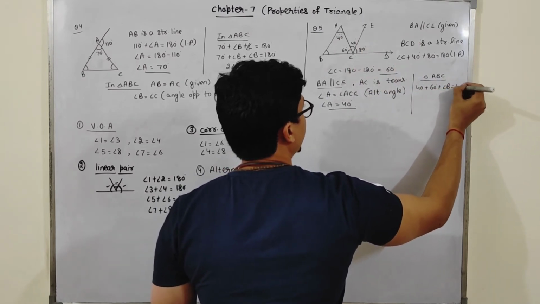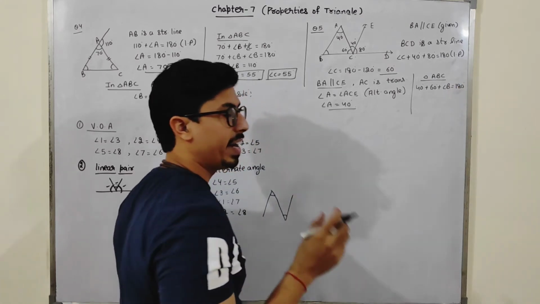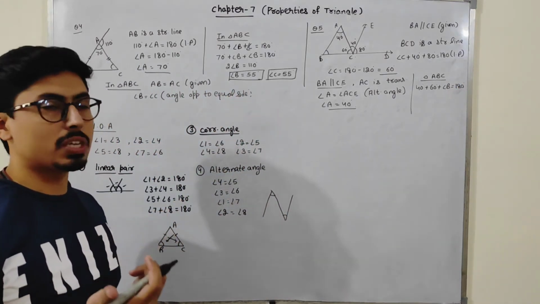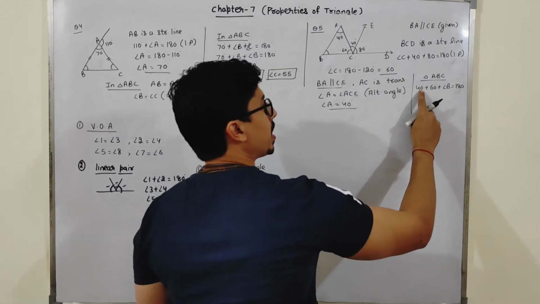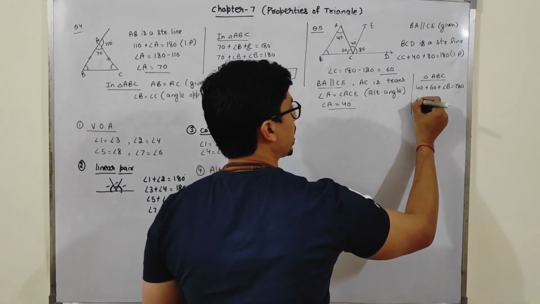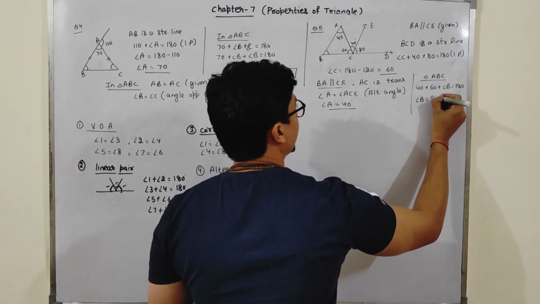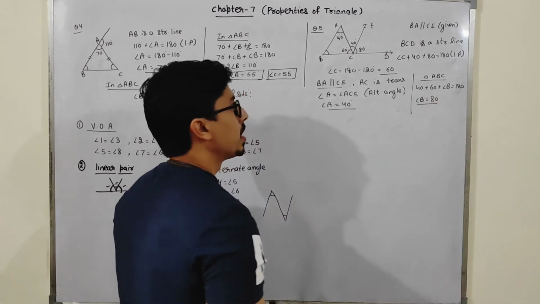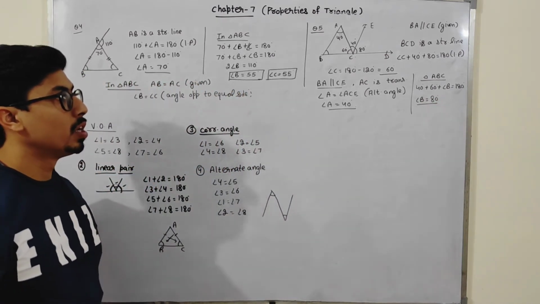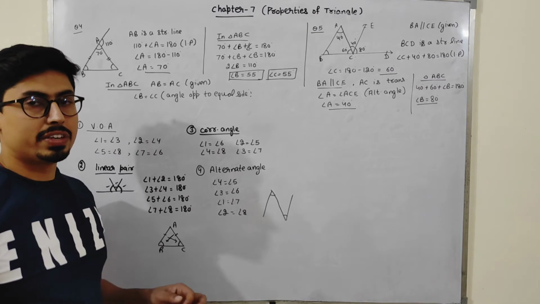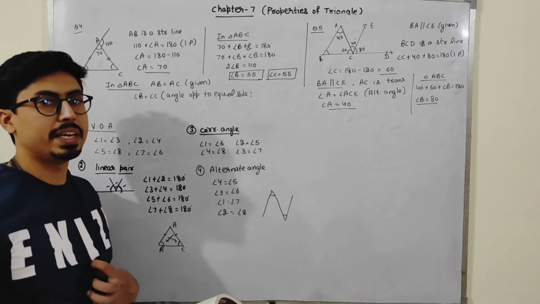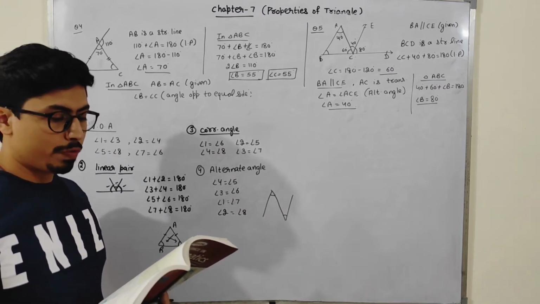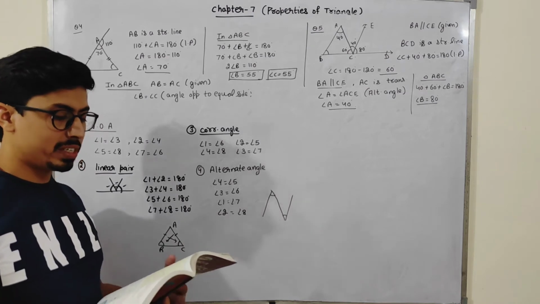The sum will be 180 degrees. Just write down, students, the reason is the angle sum property. Okay. See, this is 100. When 100 goes here, it will be subtraction. So B will be 80 degrees. So angle B is 80 degrees now. Okay. So these are the required three angles of our triangle ABC. Now moving forward to question number 6, students.